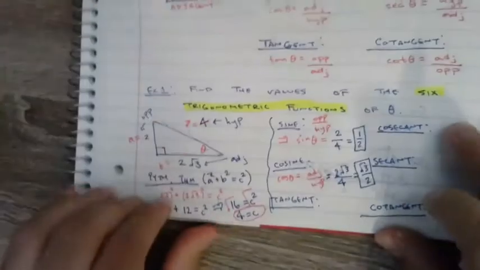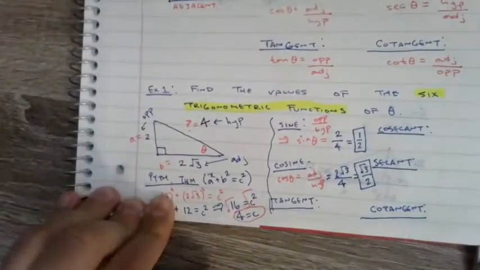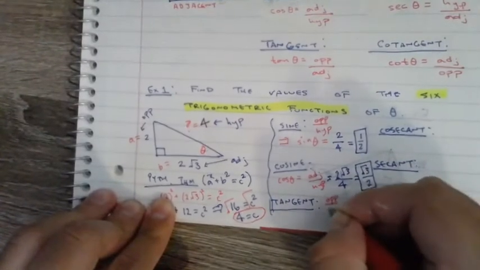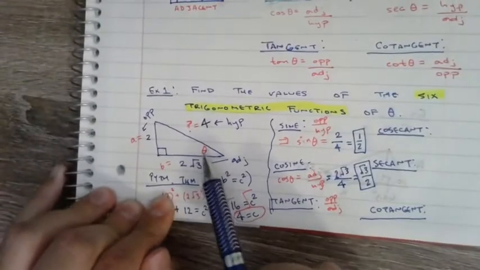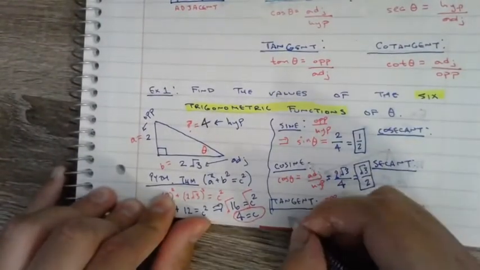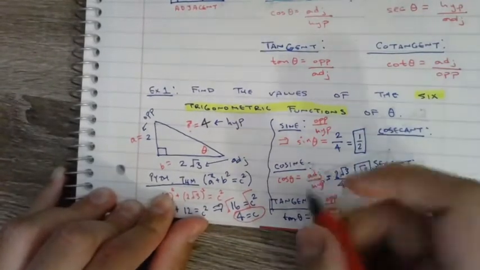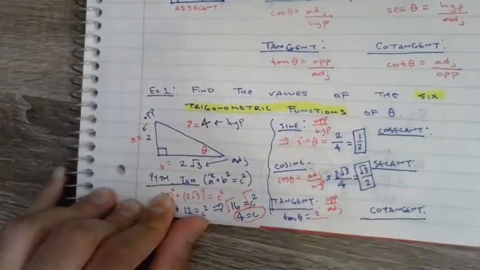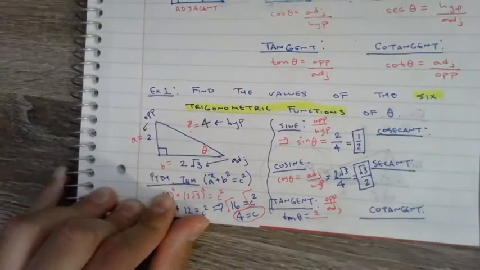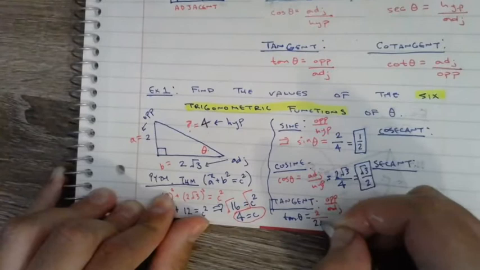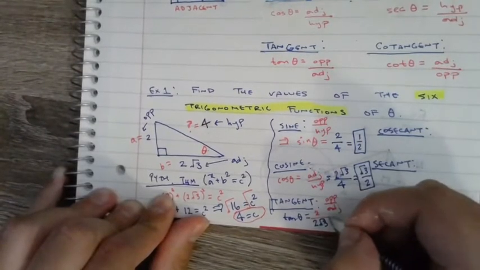Now, tangent. Tangent is opposite over adjacent. So I'm going to put opposite over adjacent. Your opposite, if you start at theta, is 2. So tangent of theta gives you 2 all over the adjacent, which is 2 square root of 3, which gives you 1 over square root of 3.